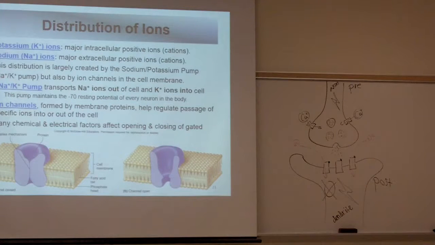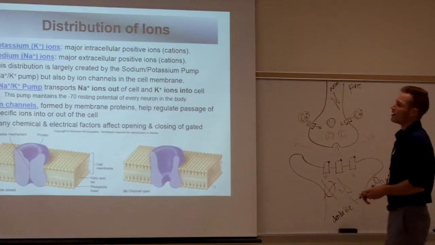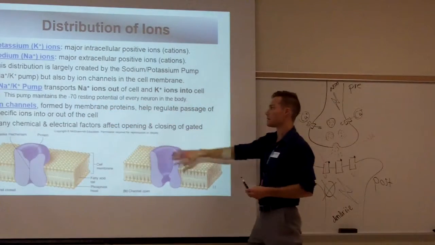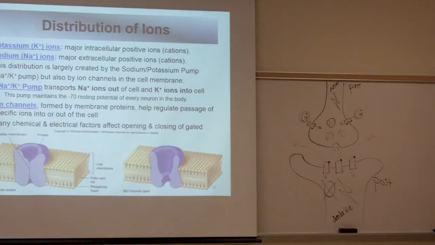So it's constantly sending sodium out and potassium in. This pump is responsible for maintaining the negative 70 resting potential of every neuron in the body. That's because sodium is a more powerful ion. So it's pumping out a ton of sodium, which eventually gets us to that negative 70 voltage.